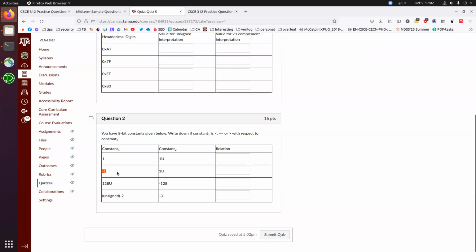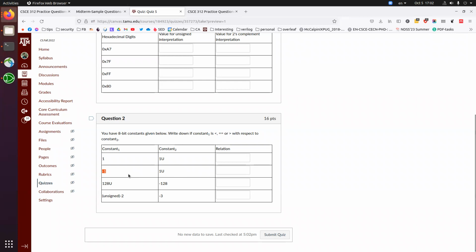-1, if you want to write -1 in 2's complement form, it would have all ones, like 1 1 1 1 1 1, and that should definitely be greater than this one if we represent it in binary. So in binary, if it's an unsigned comparison, then this would be larger.